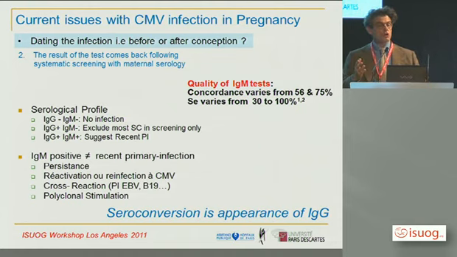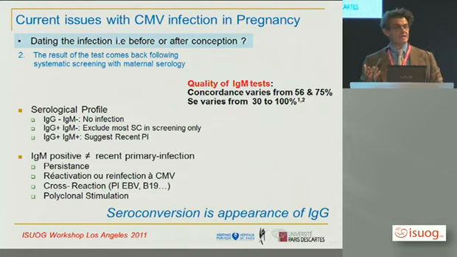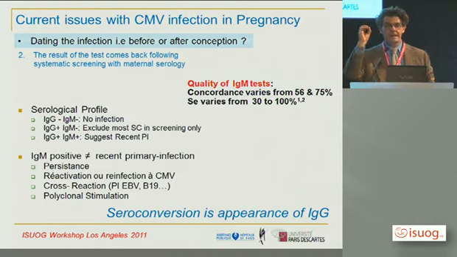If you are unsure, a test that will help you is IgG avidity. The avidity of IgG is to bind the IgG in the serum of this woman with an antigen you have in the lab. You bind them. There is a liaison between the two, and then you break that liaison with urea. If it's a recent infection, the liaison will break very easily, very fast. If it's an old infection, it will stay tight.